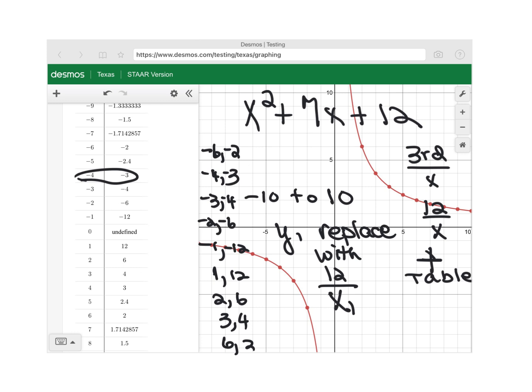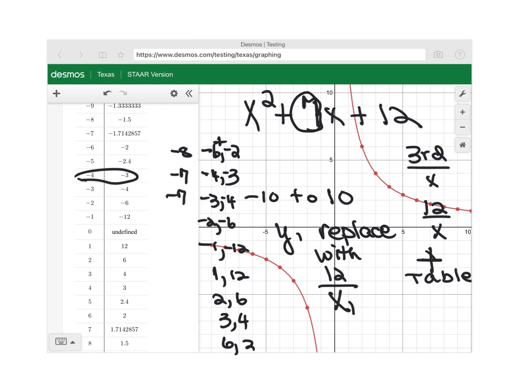All right, so what I do with those two numbers is I am going to add them together. So if I add -6 plus -2, that would give me -8. That's not the middle number. It has to add to equal 7. -4 plus -3 is -7. That's close.